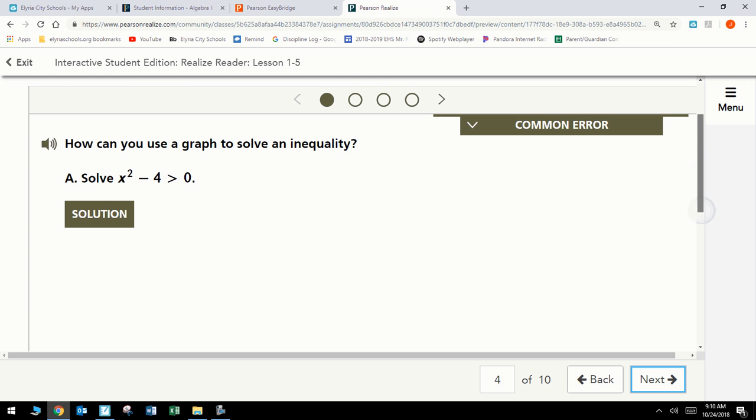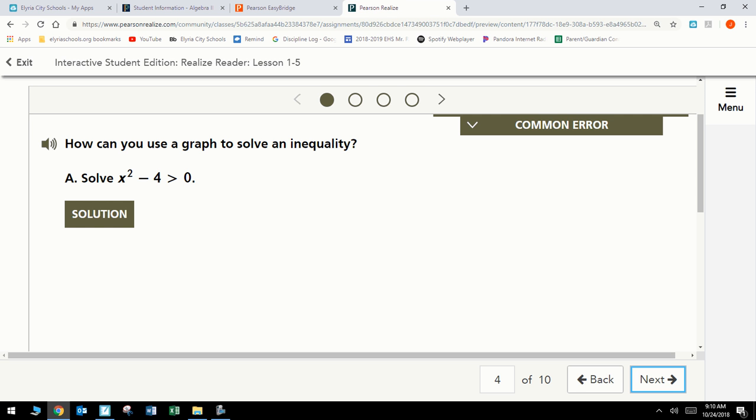But we also want to talk about solving inequalities. This says we want to solve x squared minus 4 is greater than 0. In other words, I want to know all of the values of x that would make my function positive.